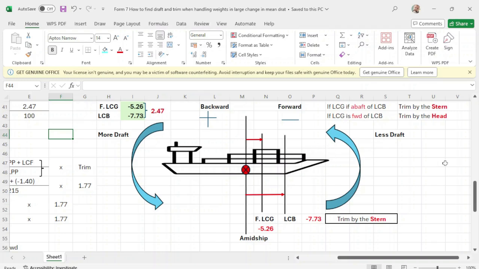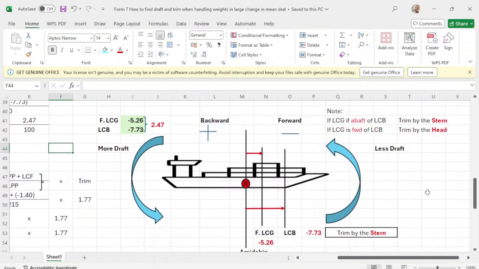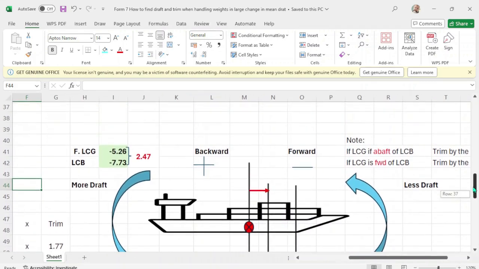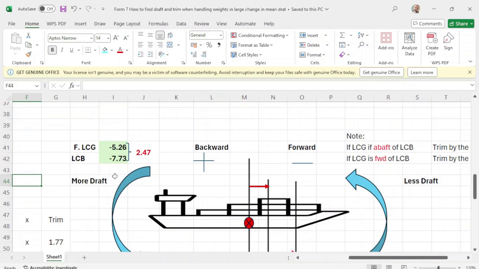By looking at this figure, okay, make it a bit bigger, you will know which one is forward and which one is behind. Meaning to say, if this is the amidship, the LCB is farther than the final LCG.